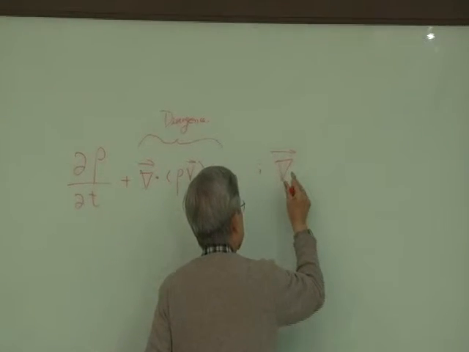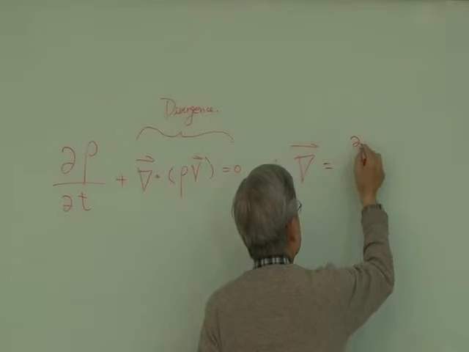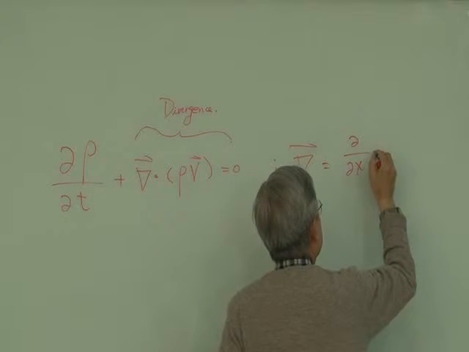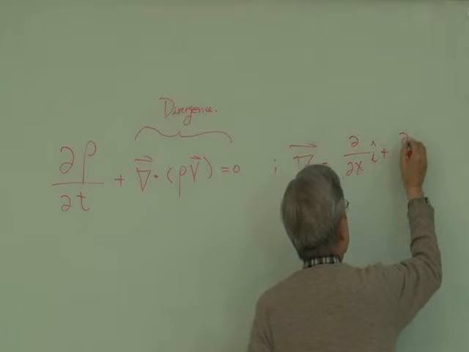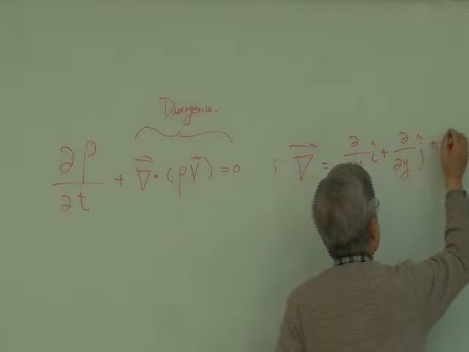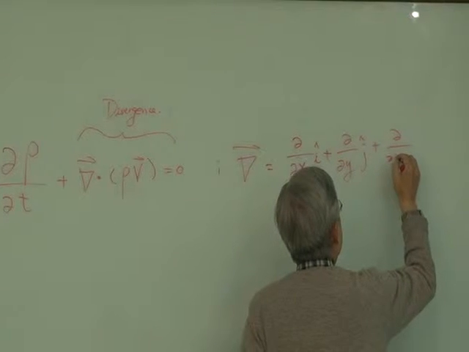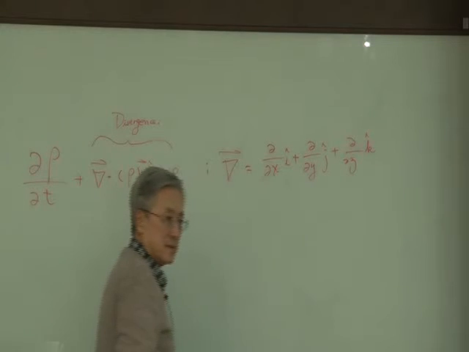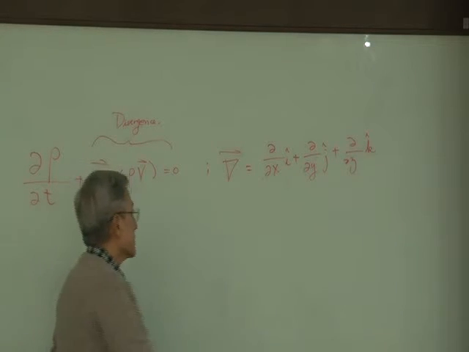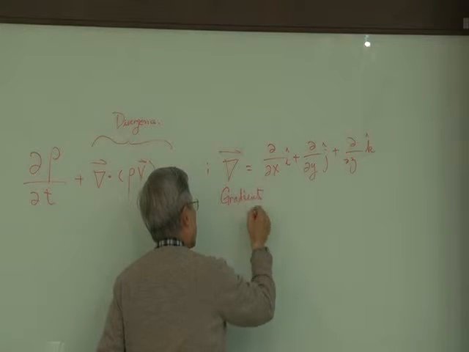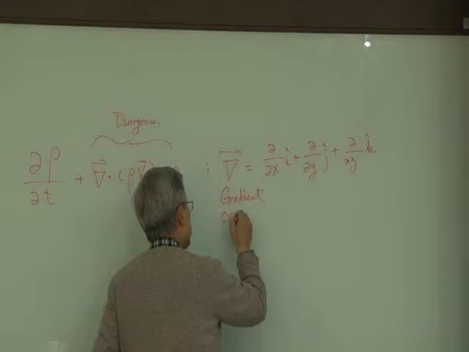So this is equal to del x i plus del y j plus del z k, right? That's called the gradient operator. It's simply an operator.